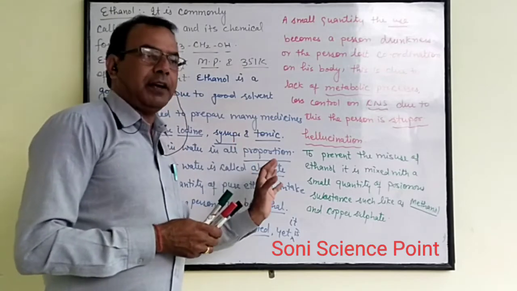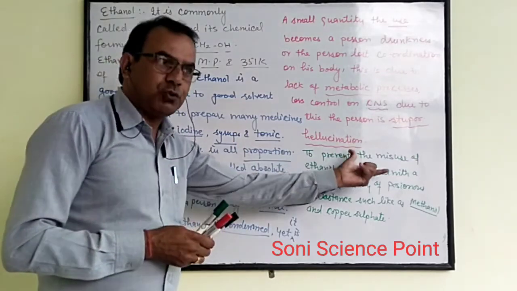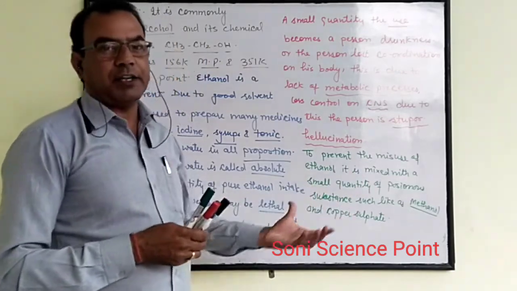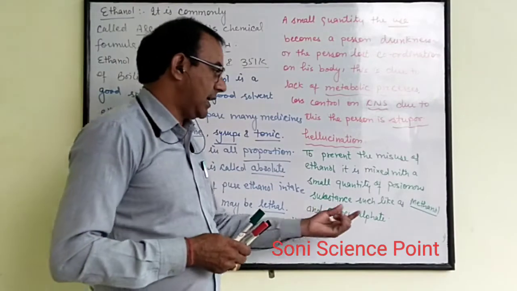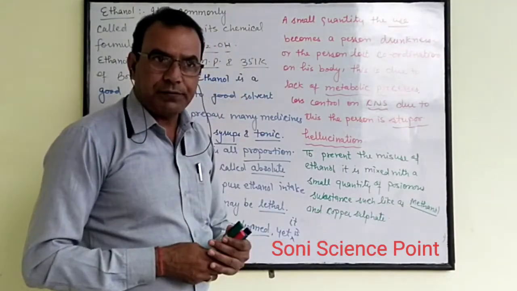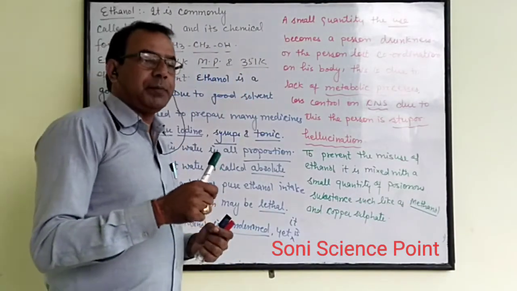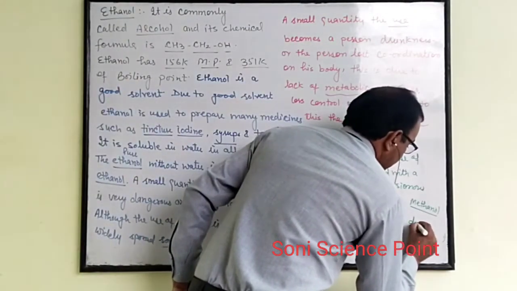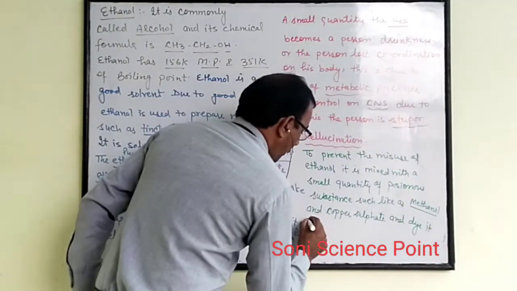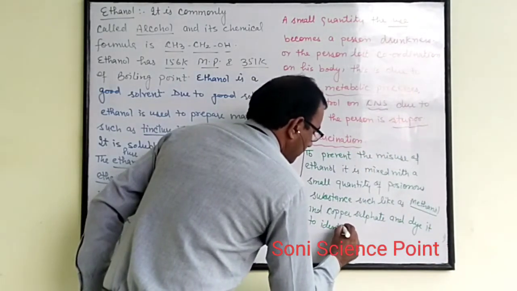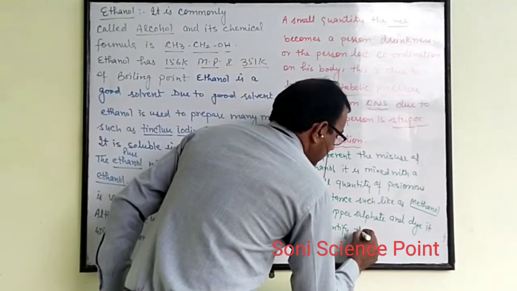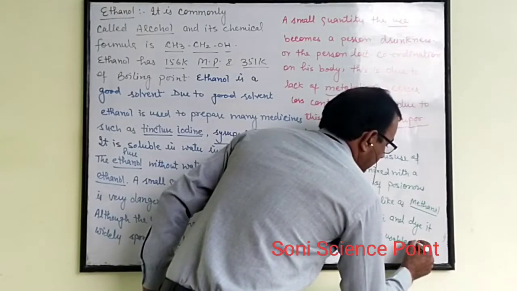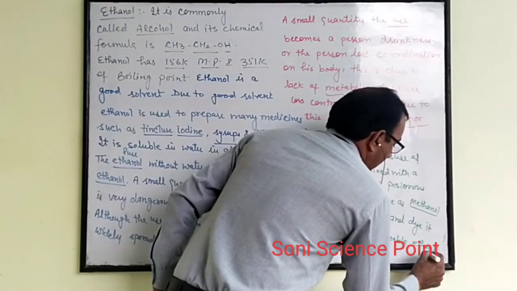While it is prepared in industries, to prevent misuse it is mixed with a small quantity of poisonous substances such as methanol or copper sulfate, as well as a dye, to identify the ethanol that is not usable.